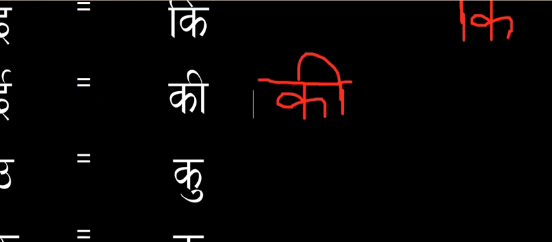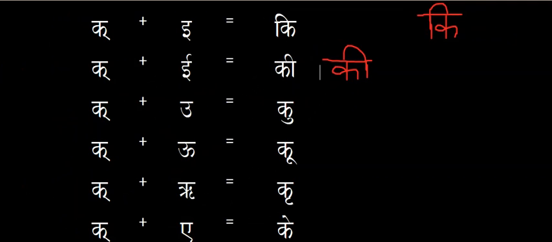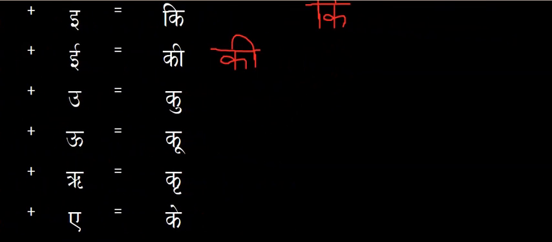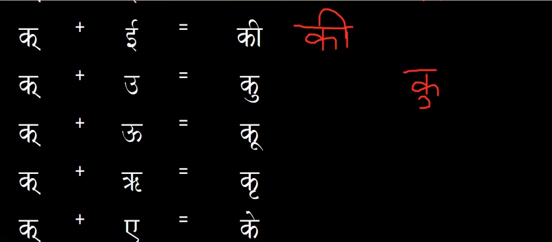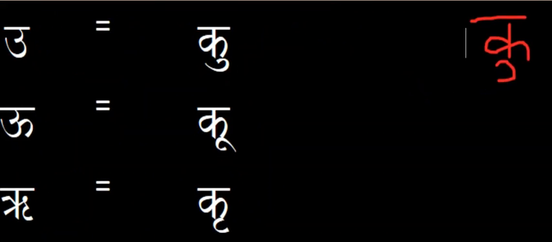Then k plus u gives you ku. Zooming in, we have ka, and then you have the vowel sign for u, which I like to think of as a backwards letter C. Then k plus long u gives you kuu.